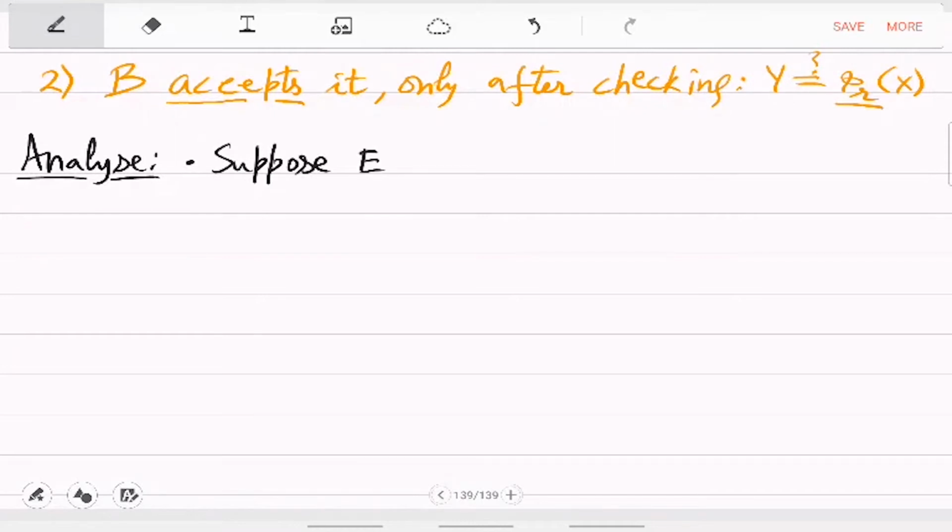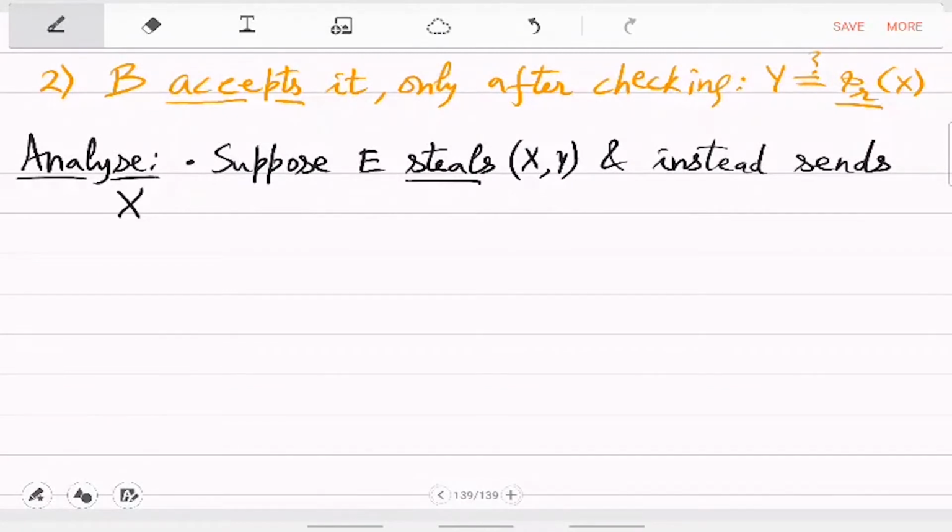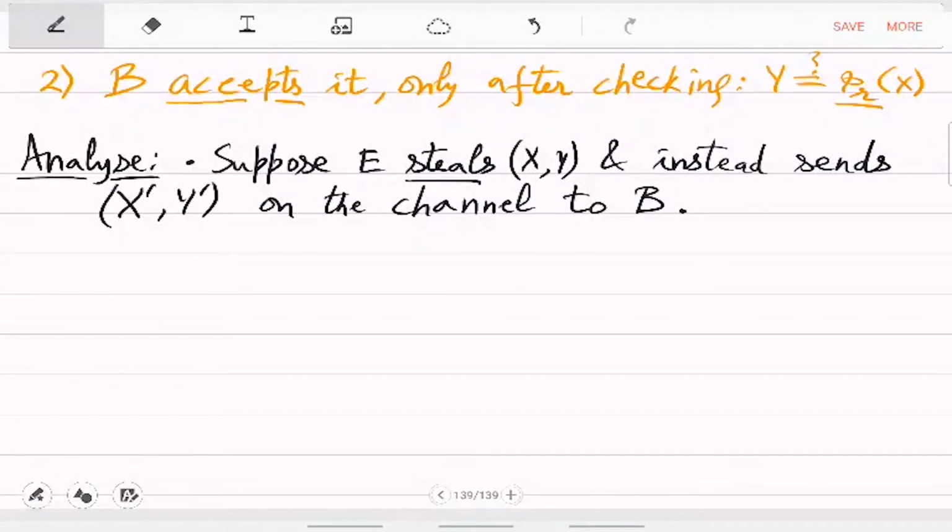Suppose E steals x y and sends some different message x prime y prime on the channel to B. Now, B would not know a priori that E has stolen the original message.